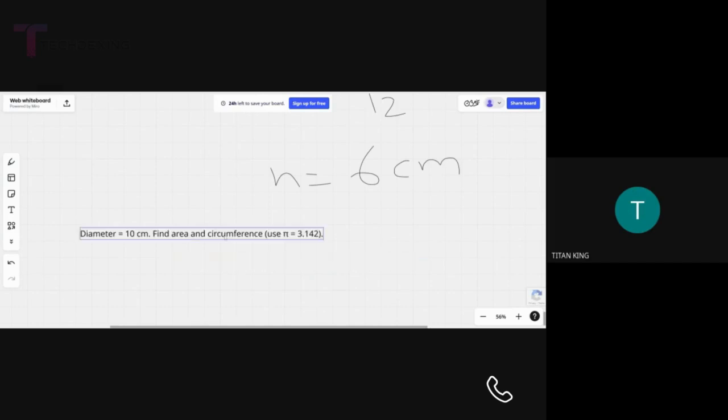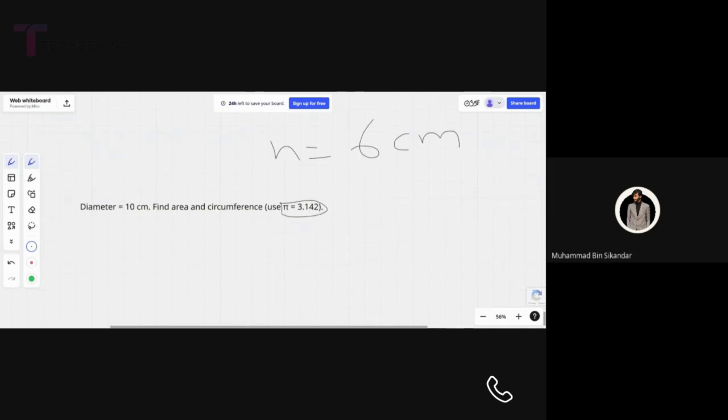Okay. The diameter over here is 10, and the value of pi is also specified. I need to calculate the area and circumference of the circle. Whenever I am given pi, I will immediately know that we are talking about a circle.